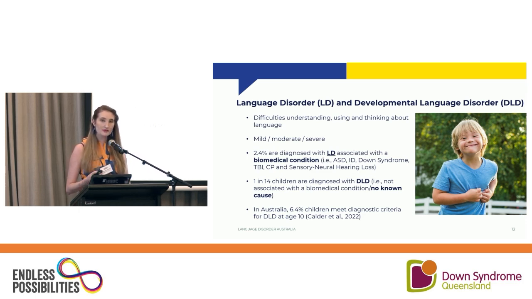Now, we've also got some data from a recent Australian study, and we're saying now that in Australia, approximately 6.4% of our 10-year-olds meet diagnostic criteria for a DLD diagnosis by age 10. So that's quite a high percentage if you think about it.